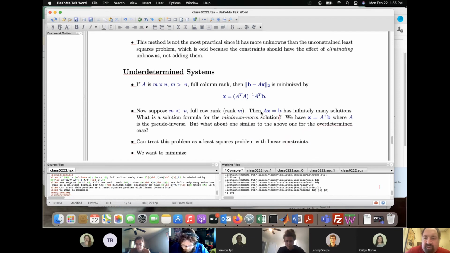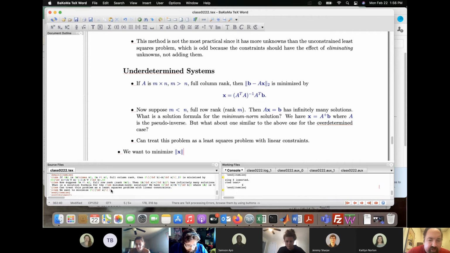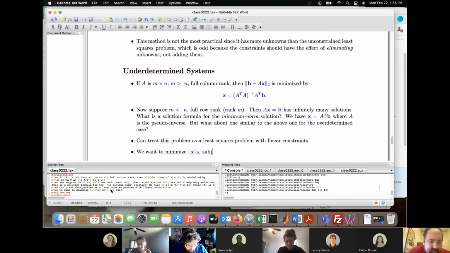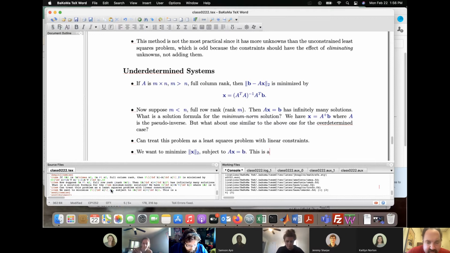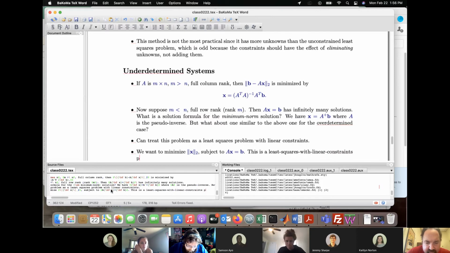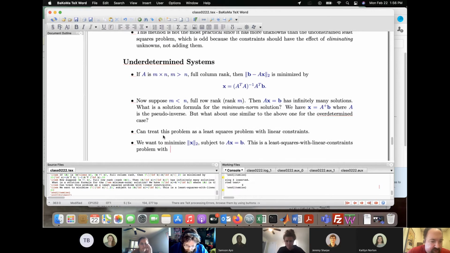So a solution that satisfies Ax equals B, but also has minimum norm. So I want to minimize the 2 norm of x subject to Ax equals B. So that's the same as a least squares problem with linear constraints, with these notation changes.